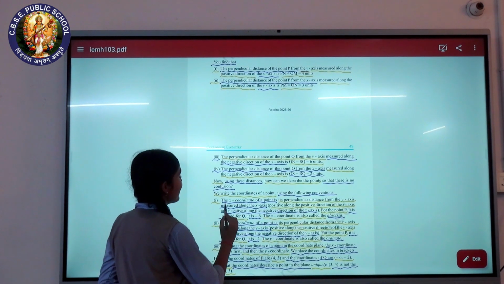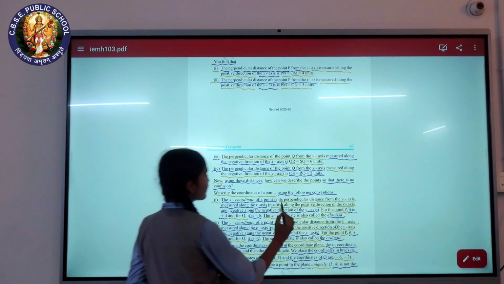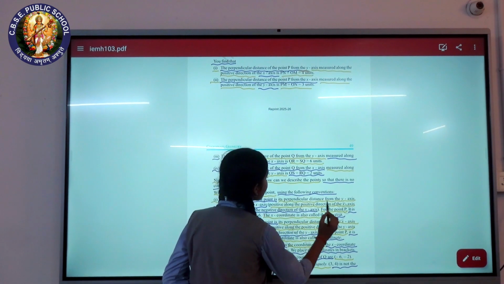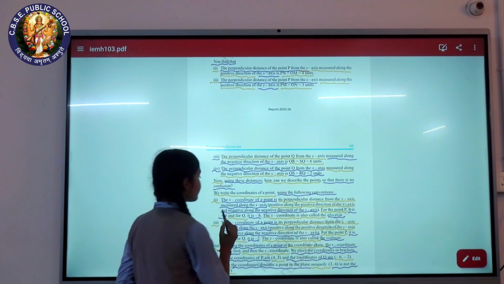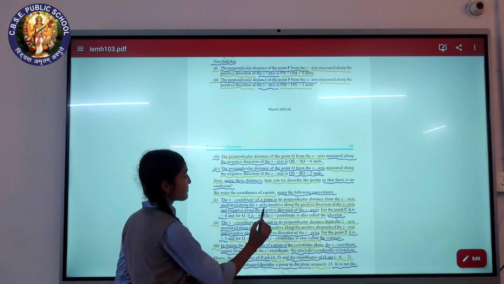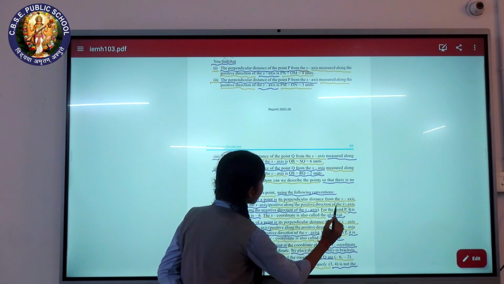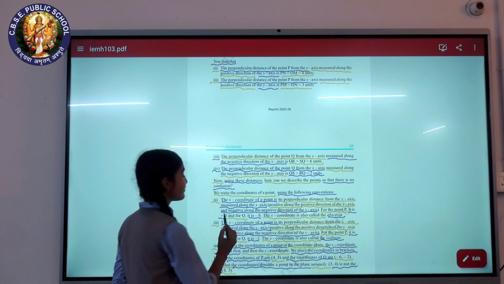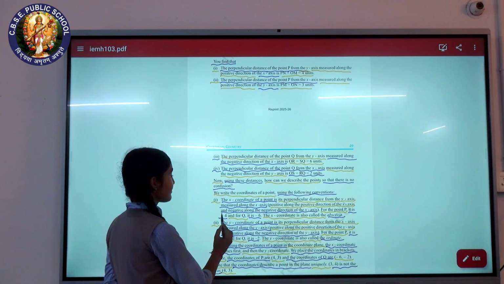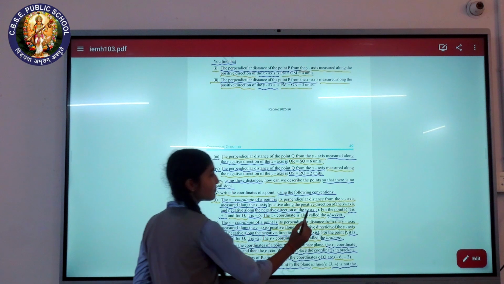First, the x coordinate of a point is its perpendicular distance from the y-axis, measured along the x-axis. Positive along the positive direction of the x-axis and negative along the negative direction of the x-axis.